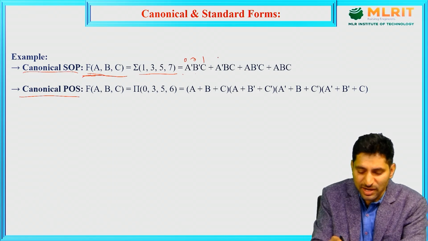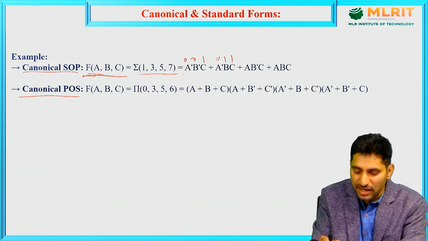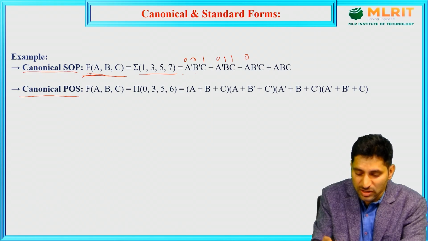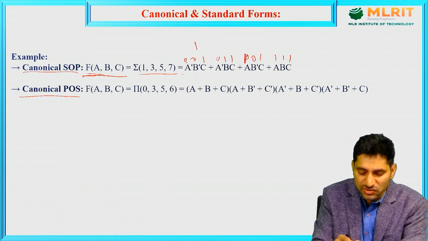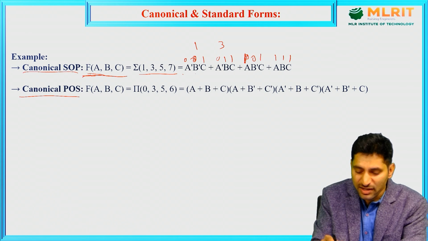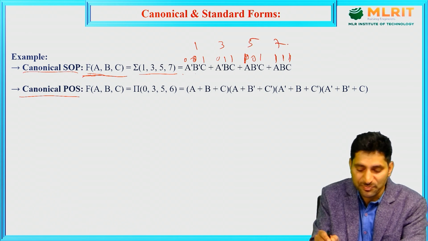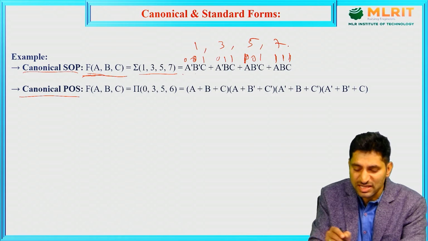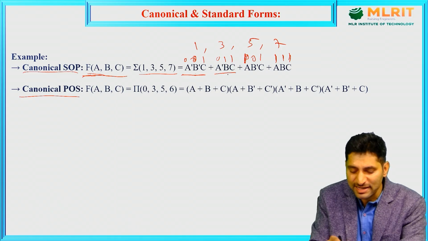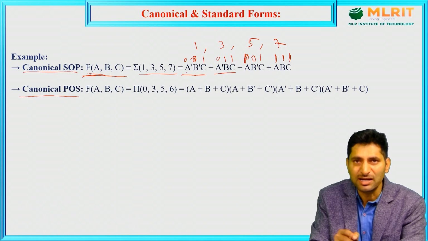This is 0, 1, 1. This is 1, 0, 1. And this is 1, 1, 1. So 0 0 1 means 1, 0 1 1 means 3, 1 0 1 means 5, and 1 1 1 means 7. If you observe these terms 1, 3, 5, 7, all the variables exist in true form or complemented form.